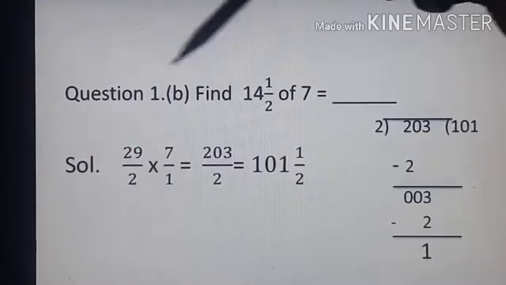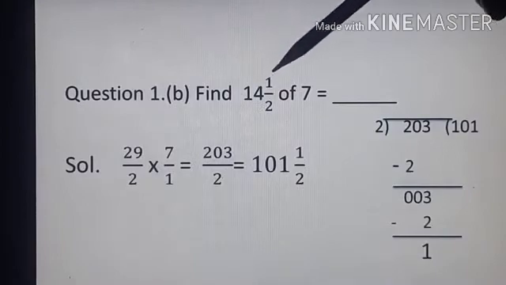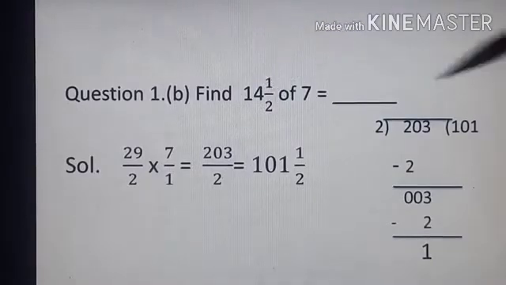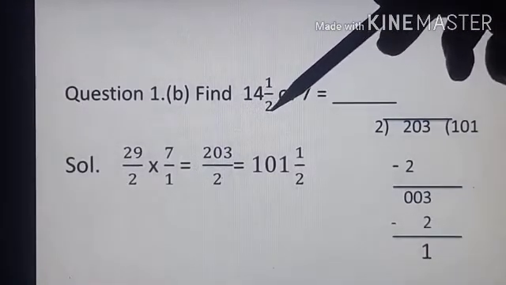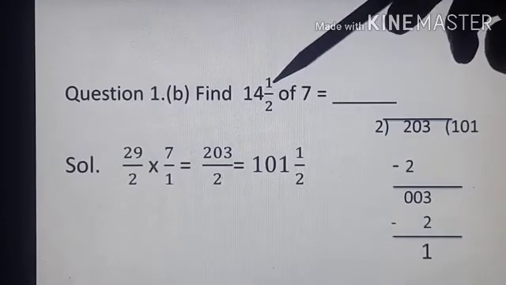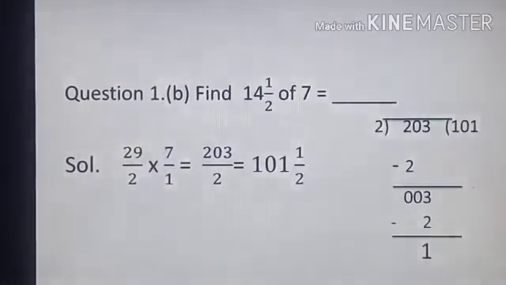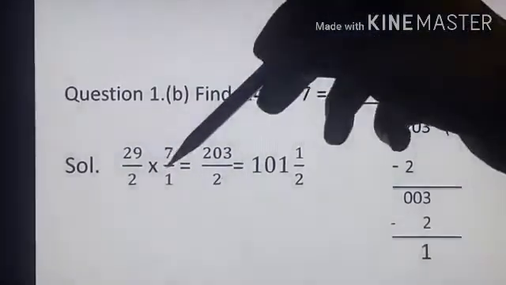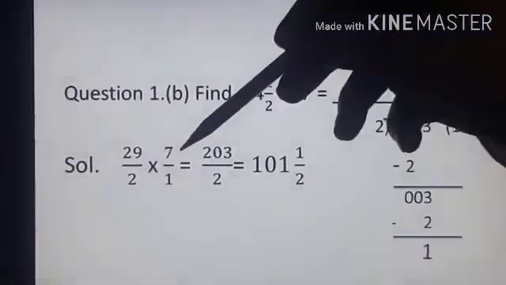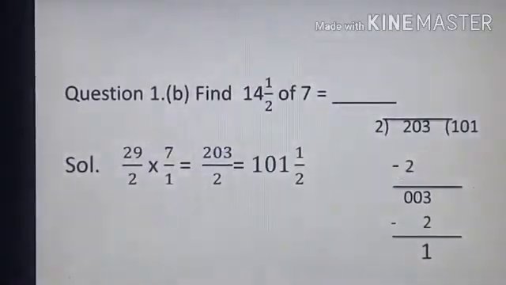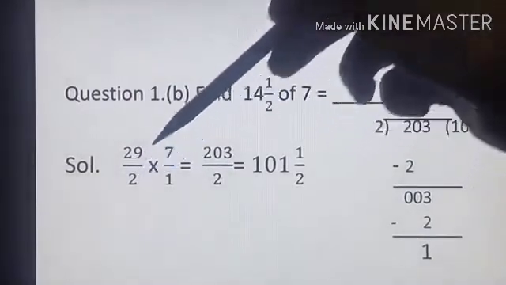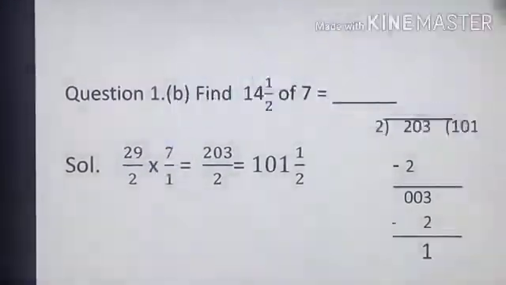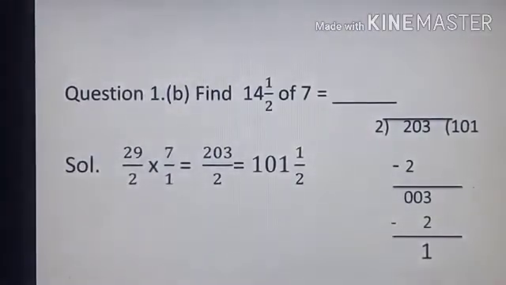Now first question, B part. Find 14 whole 1 upon 2 of 7. 14 whole 1 upon 2 is 14 twos are 28 plus 1, 29 upon 2. Of means multiply. 7 is 7 upon 1. Now we know that 29 cutting is not possible with 2, and 7 cutting is not possible because these both are prime numbers.